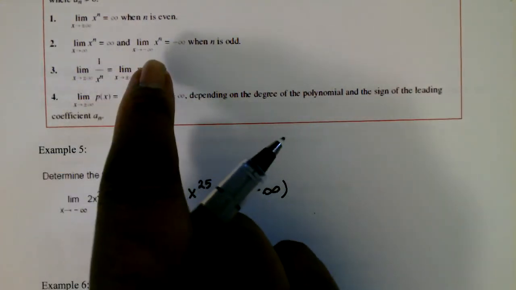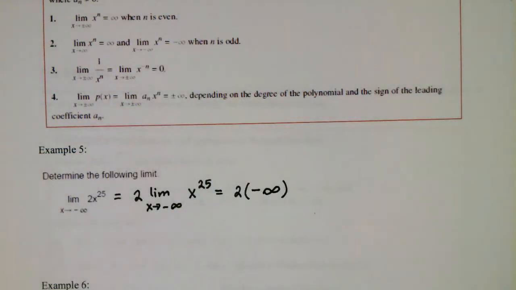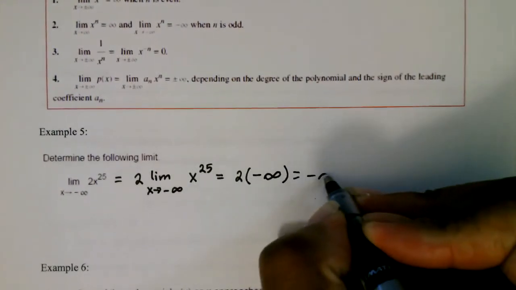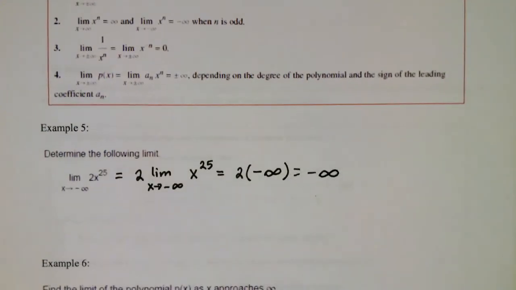The limit as x approaches negative infinity of x to the n, if n is odd, is going to be negative because I'm letting x approach negative infinity. And then 2 times negative infinity will simply be negative infinity. So the limit as x approaches negative infinity of 2x to the 25th power will be negative infinity.